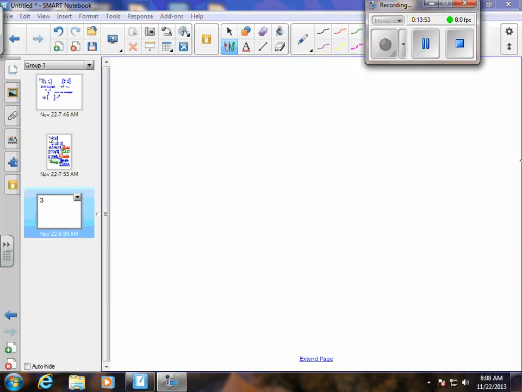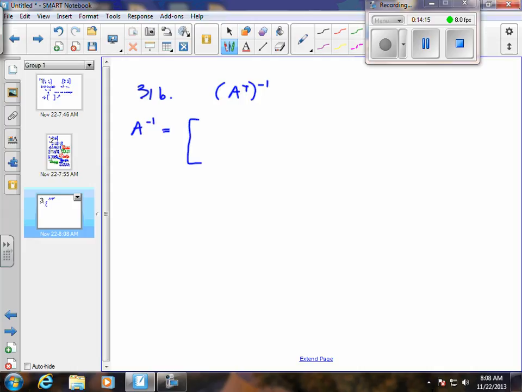Okay, let's start with 31B. And we are asked to find A transpose inverse, where A inverse is given as 2, 5, -7, 6.